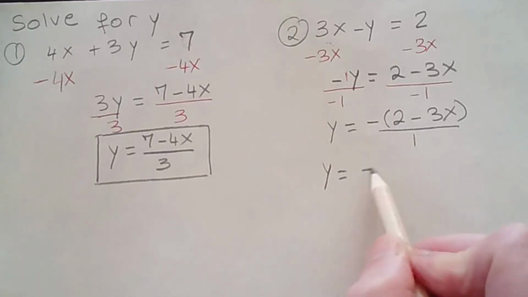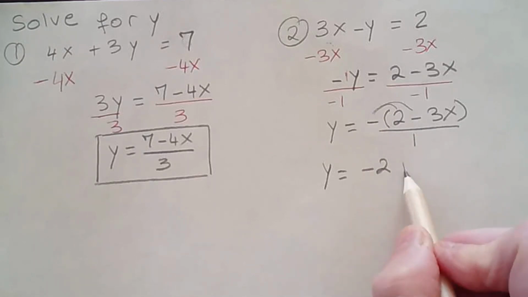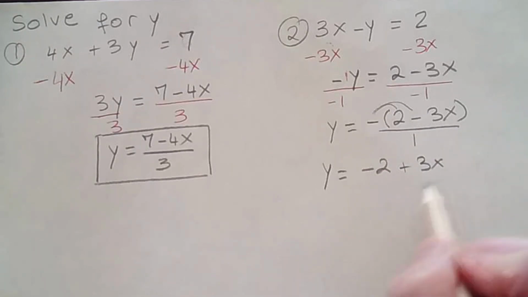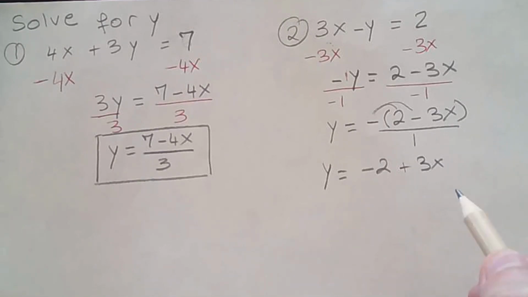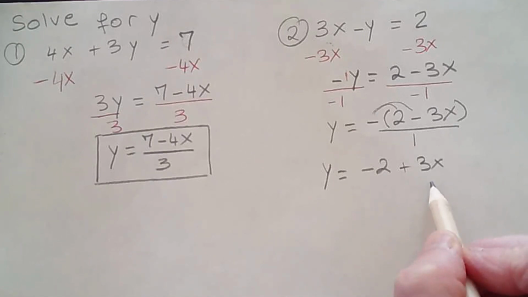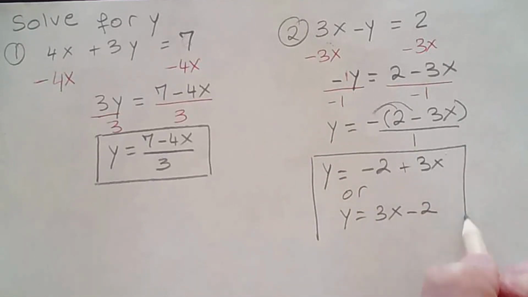So that will be negative 2. Negative times a negative plus 3x. Remember, there's an invisible 1 here, divided by 1. You can ignore that for now. So you can write it as y equal negative 2 plus 3x or y equal 3x minus 2. Either one is correct, and that is the solution to our equation.